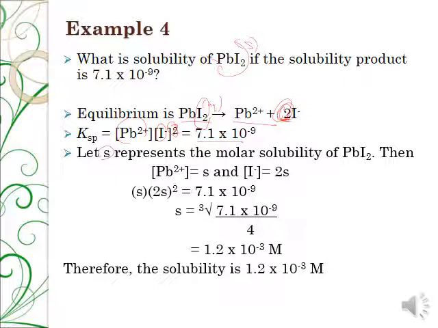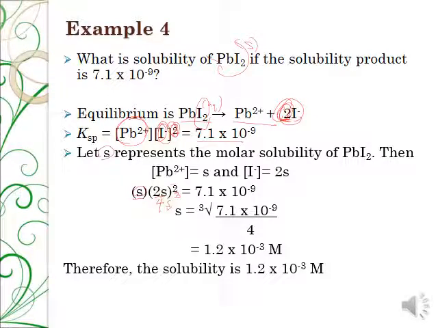So then we can write this expression here as S. The iodide is represented by 2S. So S and 2S, and we have squared here, so put 2 here. So 2 squared is 4, S squared, another S, then it becomes 4S cubed.